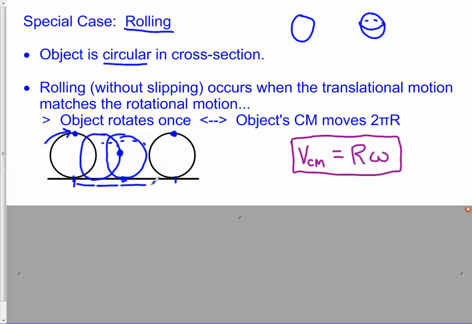So from here to here has to equal the circumference, because that one point went all the way around. And so that's 2 pi times the radius. So when the object goes around once, the object will have moved 2 pi times its radius. That's the rolling. That's the connection between its rotating and its just regular moving.